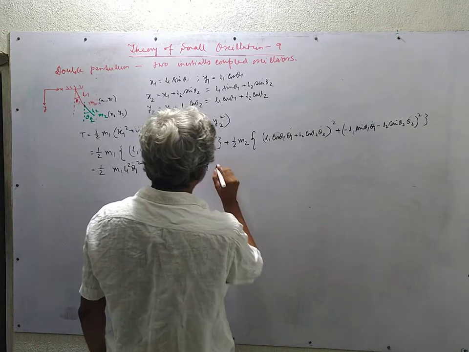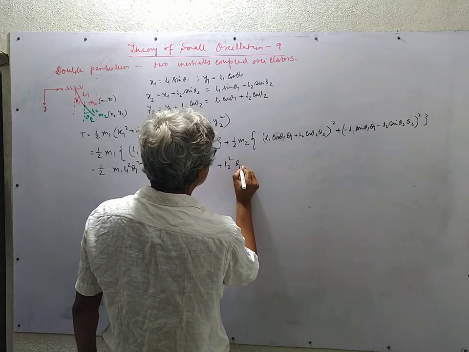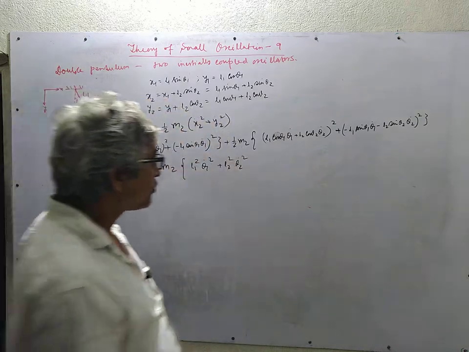Similarly we have L2 square θ2 dot square, and then the cross term.